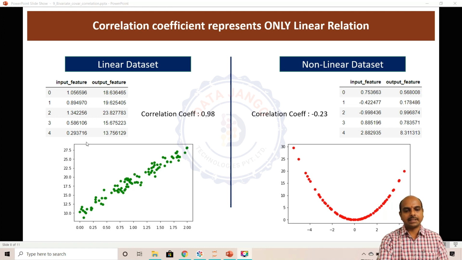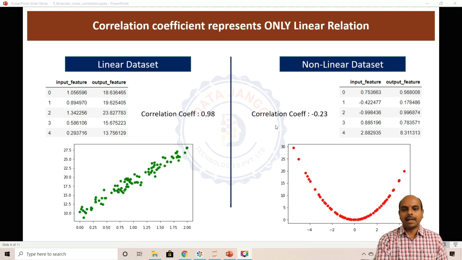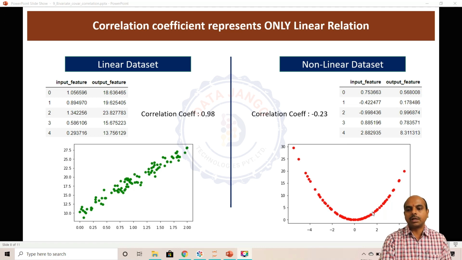But in the second dataset, when I calculated the correlation coefficient, it gave me -0.23. A negative correlation, that too close to 0. When you look at only this number, you may think that there is no relationship at all between the input feature and the output feature. But when you do a scatter plot, it shows you a non-linear relationship.